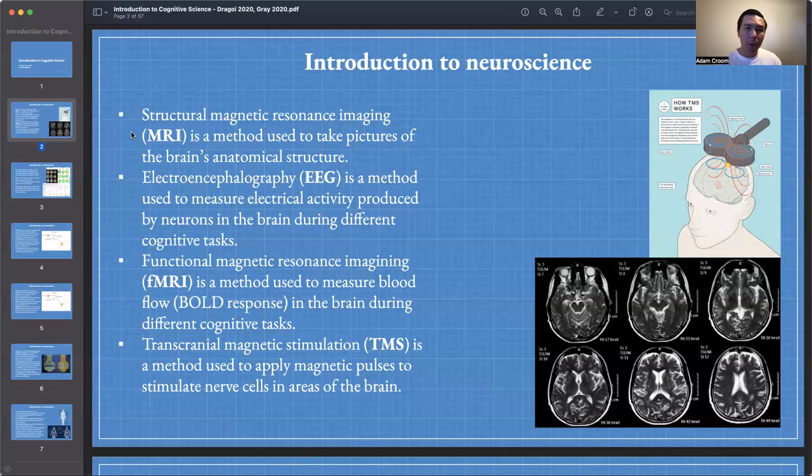Another strength of this approach is that it makes good use of individuals that are already suffering these impairments, right? So maybe there's a veteran who had damage to a part of their brain.